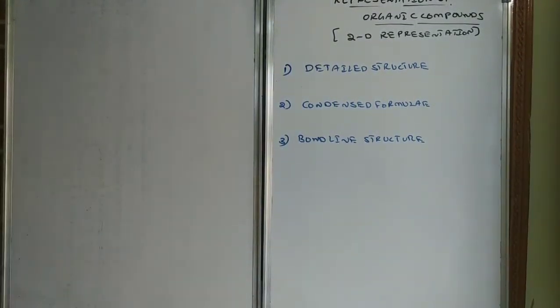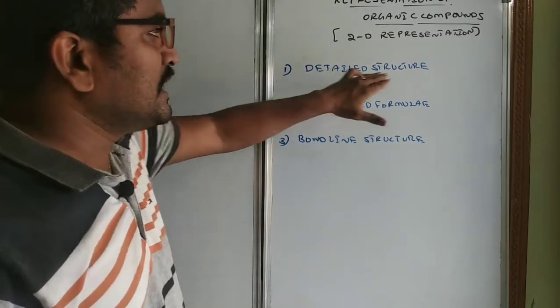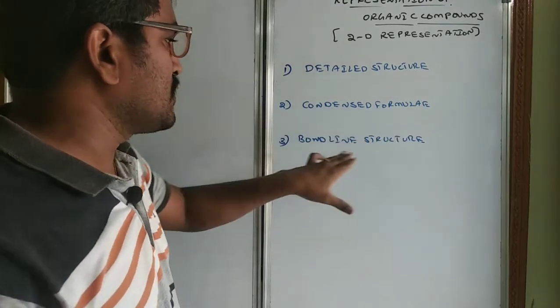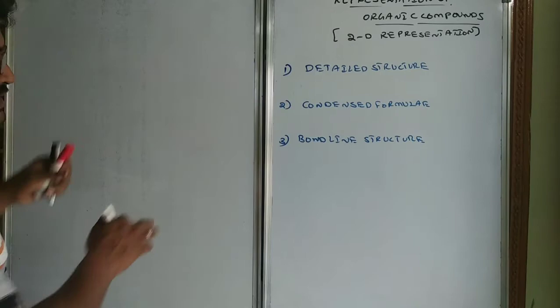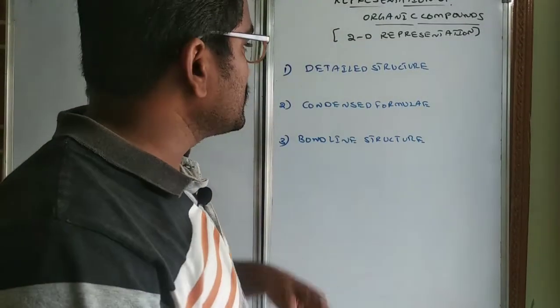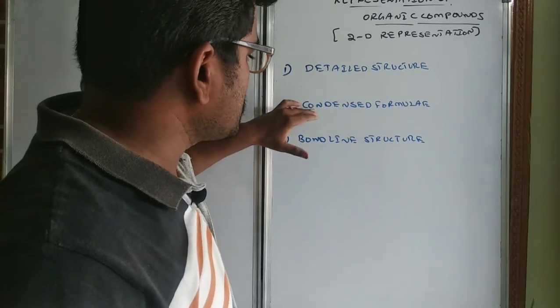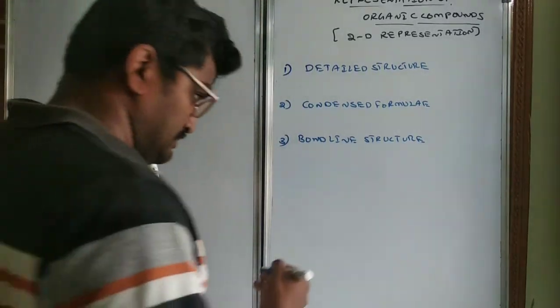Here there will be no three-dimensional analysis, only two-dimensional analysis. Let us say the first one is detailed structure, then condensed formula, then bond line structure. How can we represent these? I will take 4 examples, and for the 4 examples I will write the detailed structure, condensed formula, and then the bond line structure.